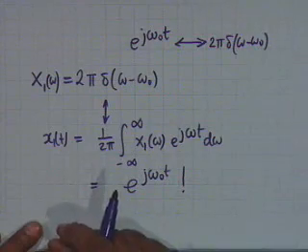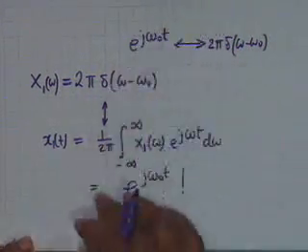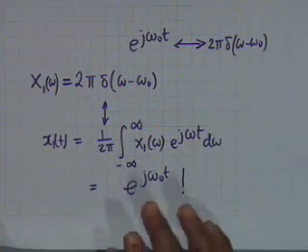Alright, you have to admit a delta function to be able to take the Fourier transform of e to the j omega naught t. Now my job has become simple.